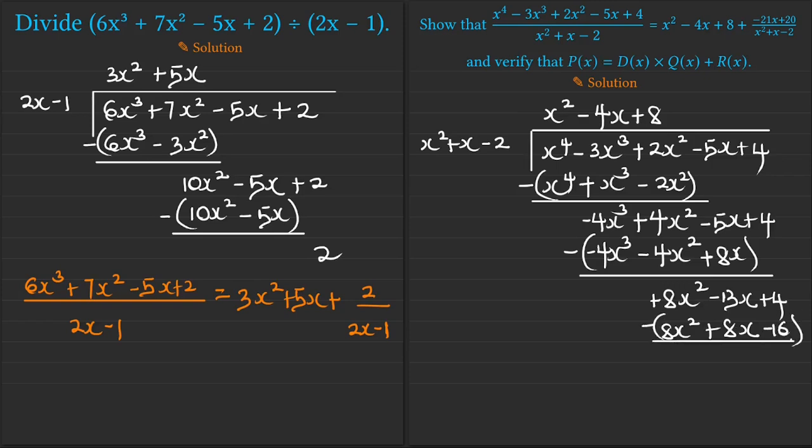We do our subtraction. We have 4 minus negative 16. That becomes a 4 plus 16, which is a 20. A positive one, of course. Then negative 13x minus 8x would give us a negative 21x. And as usual, this is cleared off.